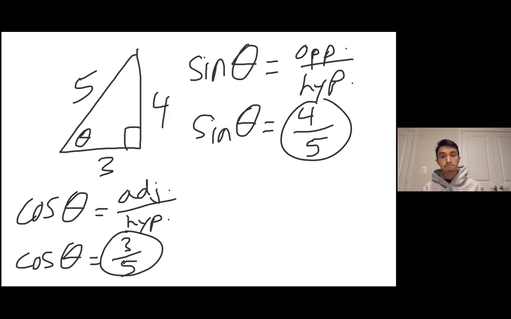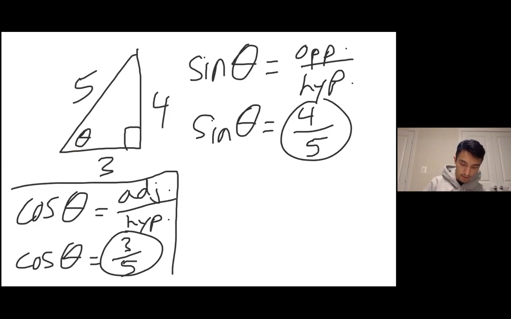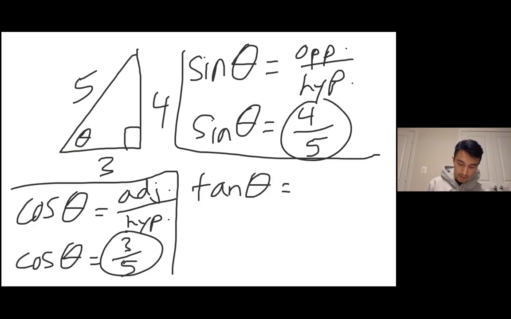Boom. Nice. And then lastly, we're going to do tangent. That's the last one. Tangent does not involve the hypotenuse. So for tangent, we're looking at opposite, which is the 4 again, and then adjacent, which is the 3 again, right?